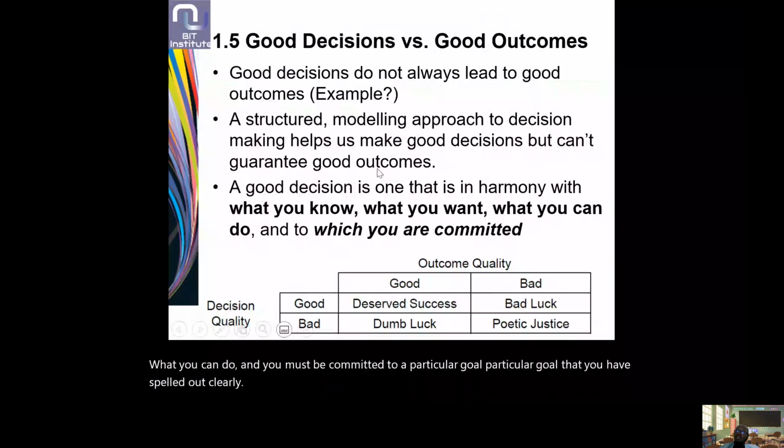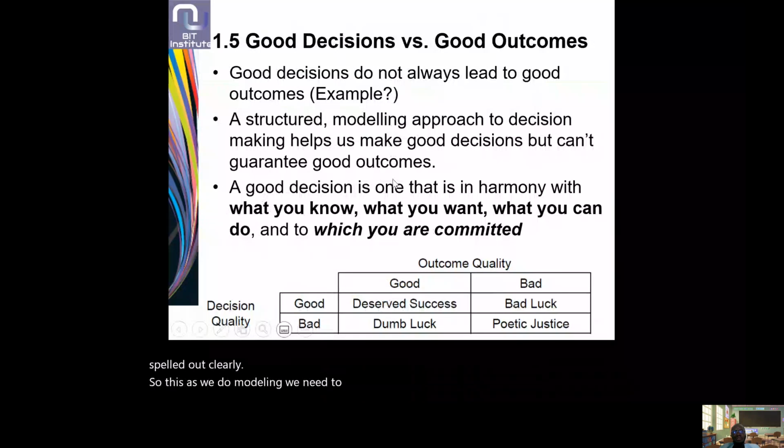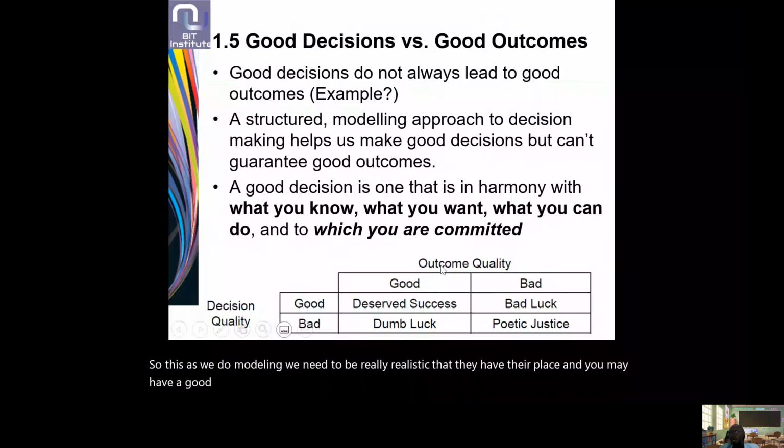As we do modeling, we need to be really realistic that models have their place, and you may have a good model, but the outcome may either be good or bad. It is up to you, the decision maker, to investigate why you had a bad outcome.